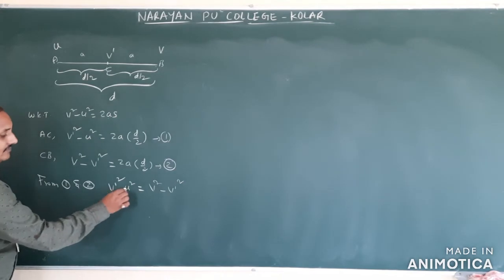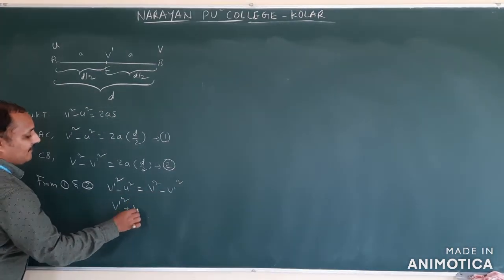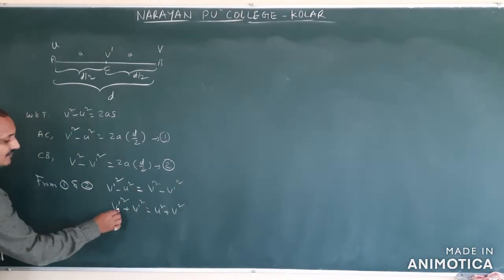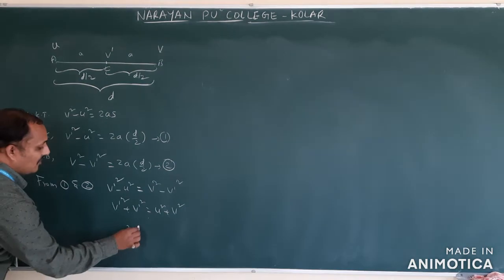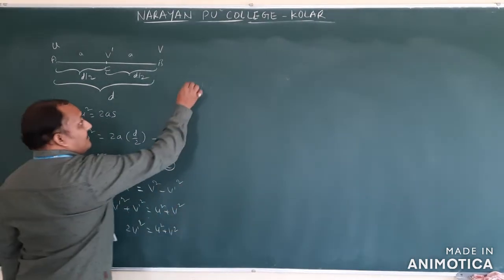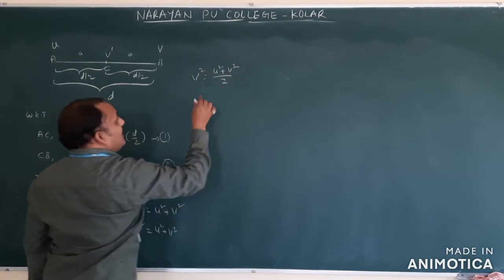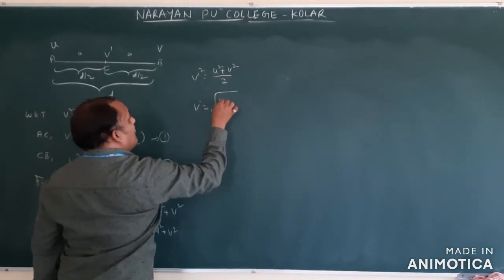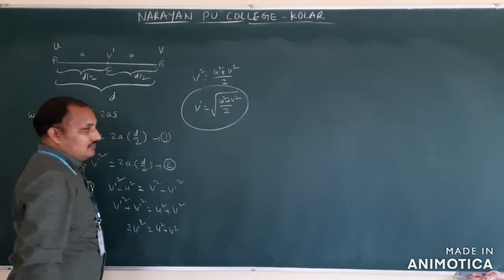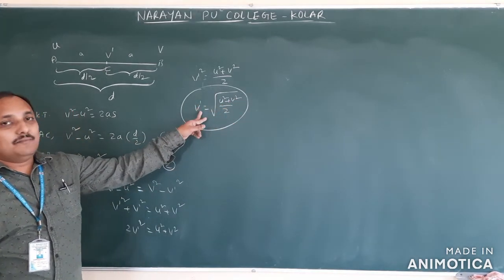We can bring this to this side, so v dash square, this minus will become plus, equal to u square plus v square. So 2 v dash square is equal to u square plus v square. Then v dash square is equal to u square plus v square by 2, then v dash equals root of u square plus v square by 2. So this is the initial velocity, final velocity, and this is the midpoint velocity.